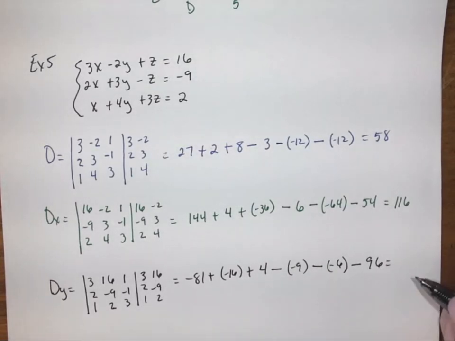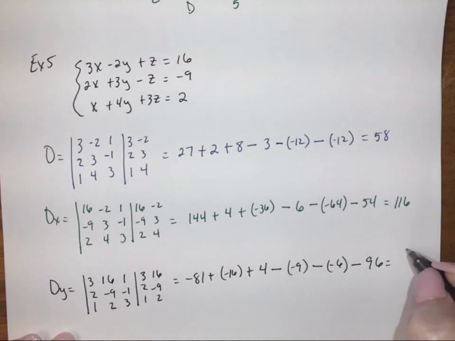And when we add those together, we should get a negative 174.